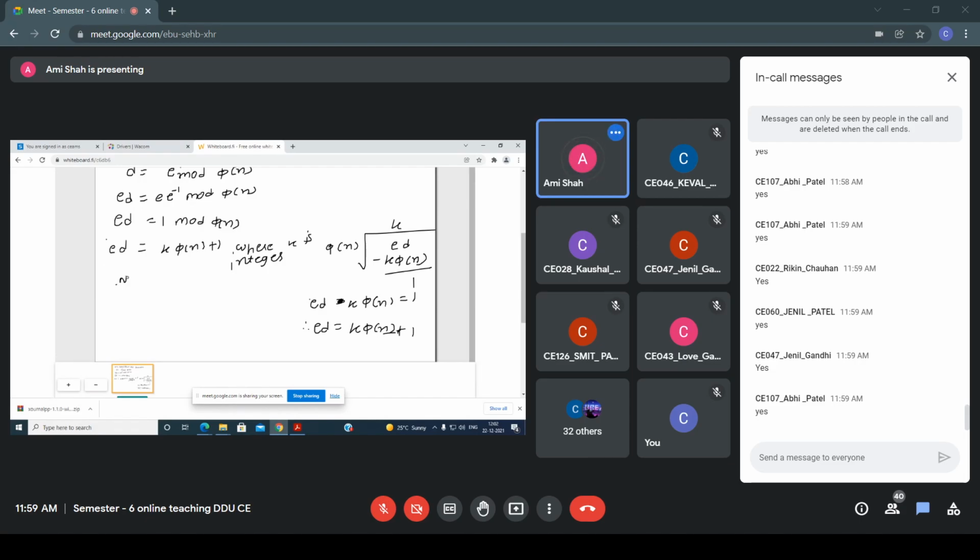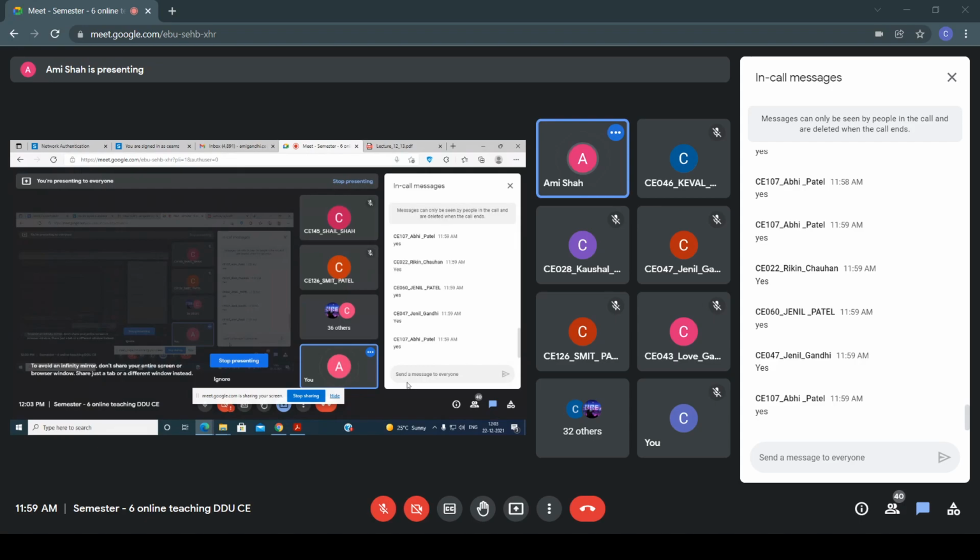So now at decryption, all of you know the decryption equation, that is C raised to D mod n, right? So instead of C, what can I write? Can anyone tell me? Instead of C, what can I write?